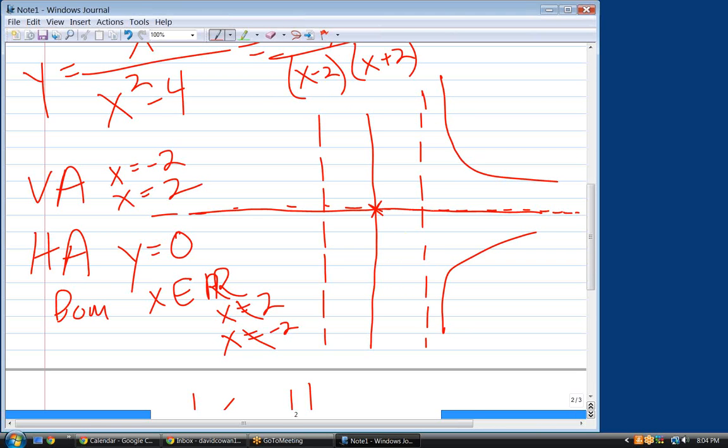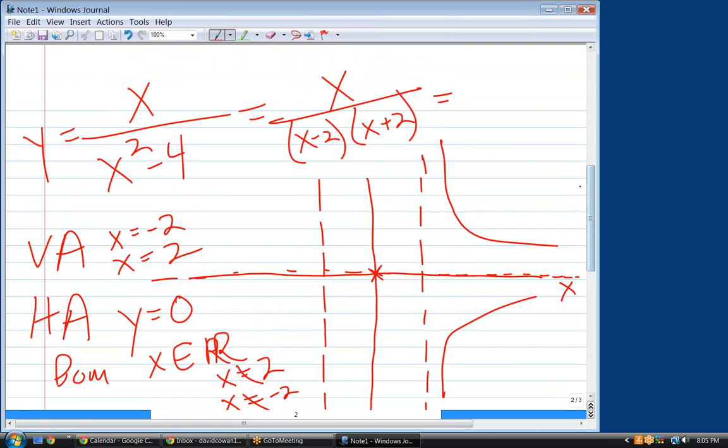Well, let's plug in a value for x to the right of this vertical asymptote and see if it results in a positive or a negative y. So plug in 3 for x. What do you get? Positive or negative? Positive. That means this is the right picture. And I'm going to erase that. Okay? So that's part of my graph.